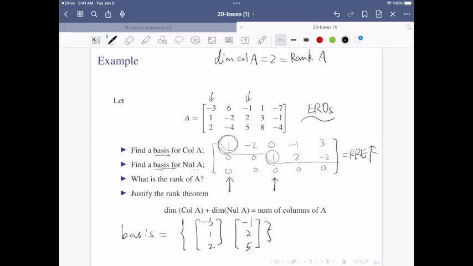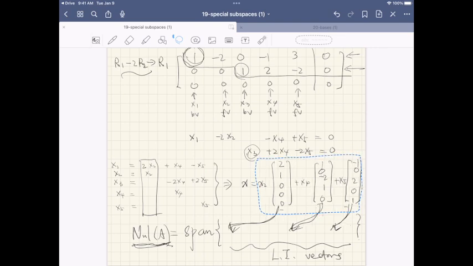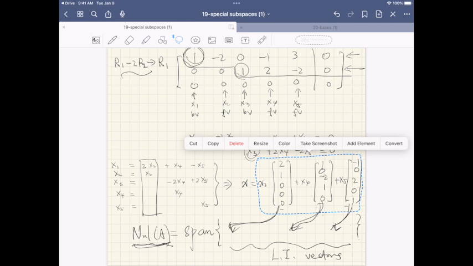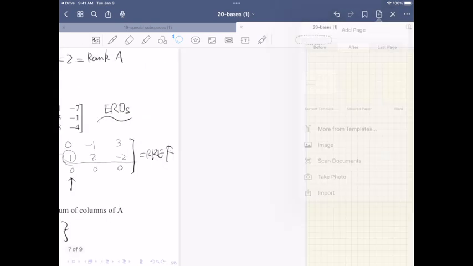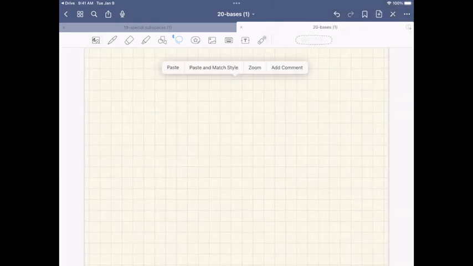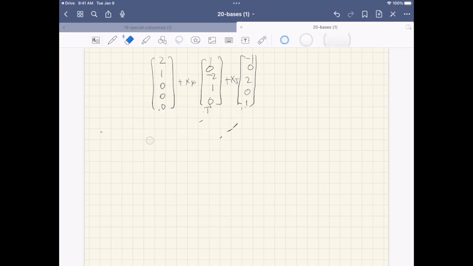So to find the basis, the basis is indeed from here, so these 3 vectors. This is the basis of the null space of A.